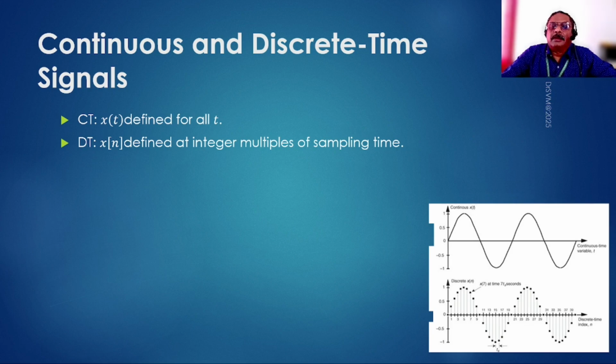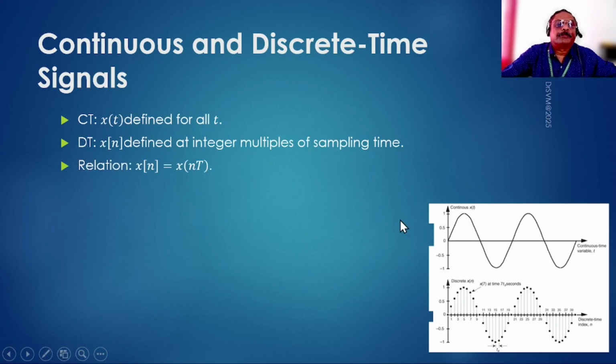It can be every second, every minute, every millisecond, every microsecond, every nanosecond, every picosecond. So that way you can go down to any level, and you find that there will be a value for any time you mention. There will be one value, and that is when we say that it's a continuous time signal.